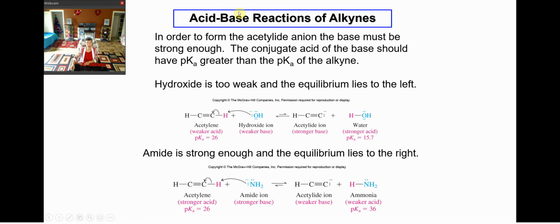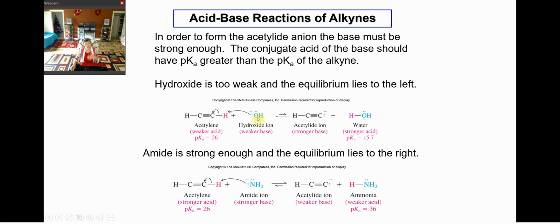About the acid-base reaction, you can consider it this way. Consider your alkyne, such as acetylene, as a weak acid. You have a Brønsted-Lowry acid and a Brønsted-Lowry base, and they can react. If you have sodium hydroxide as an example, in this case it acts as a weak base.